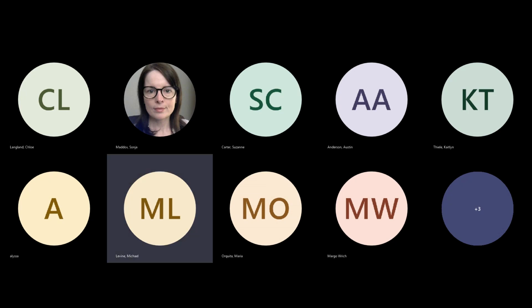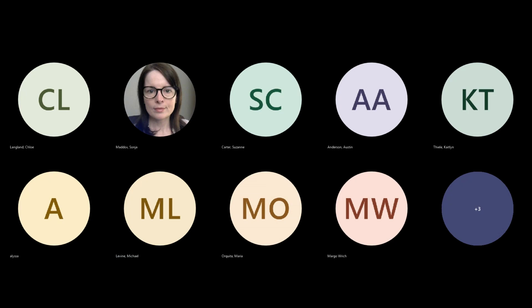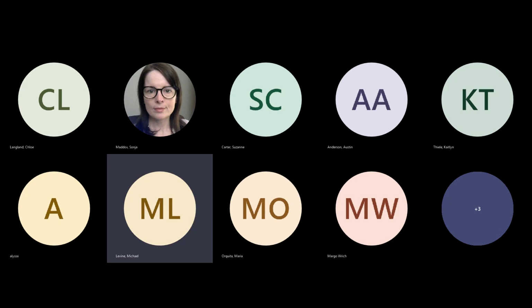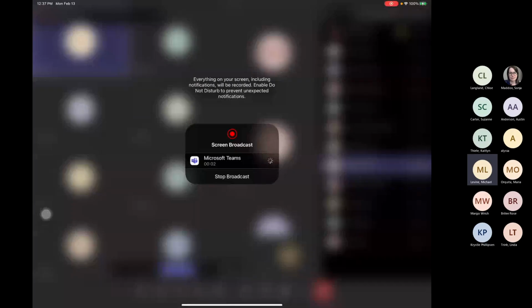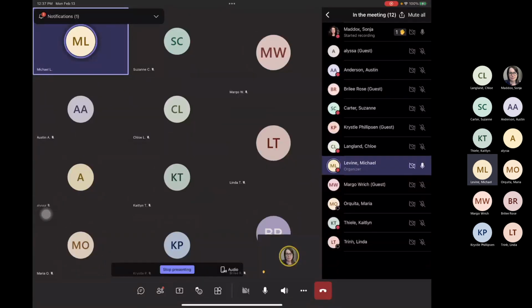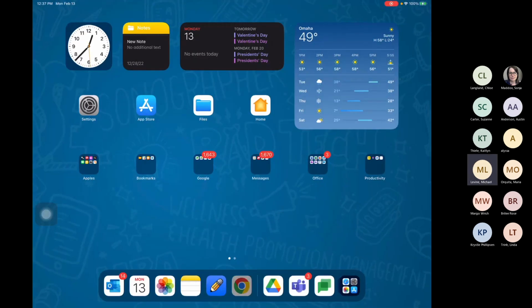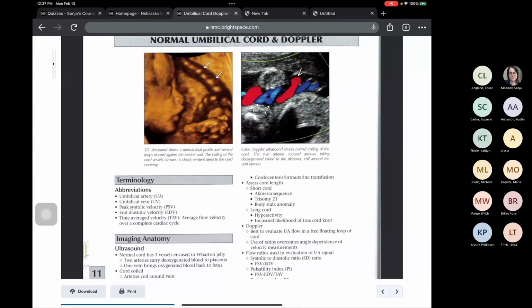And this is very important. If we find high resistance in the umbilical artery, that's a concern for fetal growth, exchange of nutrients, and the possibility of hypoxia. If the umbilical artery has low resistance, then the Dopplers are usually normal.